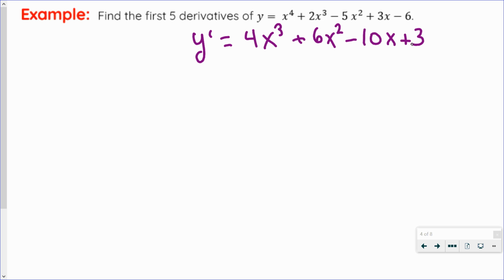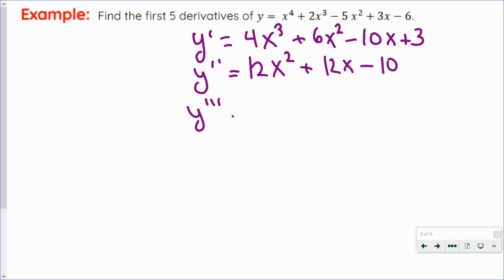Okay, second derivative, bring the 3 down, multiply it by the 4, decrease your exponent by 1, plus bring the 2 down, 2 times 6 is 12, with just the x, minus 10. Third derivative, bring the 2 down times the 12 is 24x plus 12.